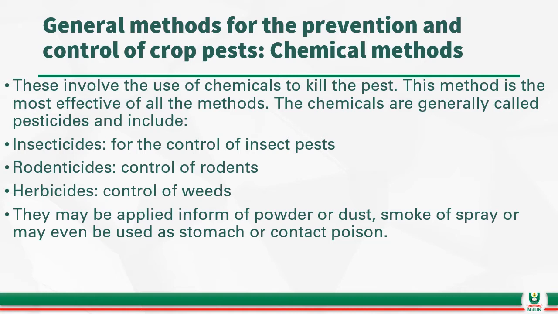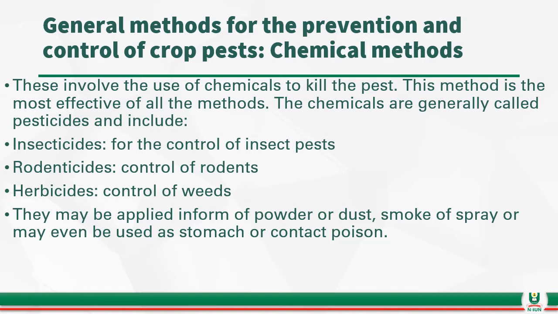The herbicides are the ones that control the weeds. And these chemicals could be in different forms. They could be in form of powder or dust. They could be in form of smoke or spray. And they may even be used as stomach or contact poison.